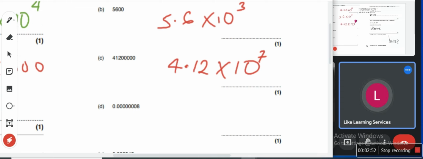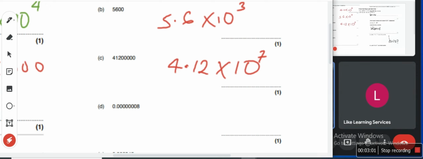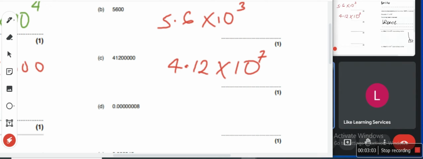What about D? Come on, let's count how many zeros is based on 10. 1, 2, 3, 6, 7.